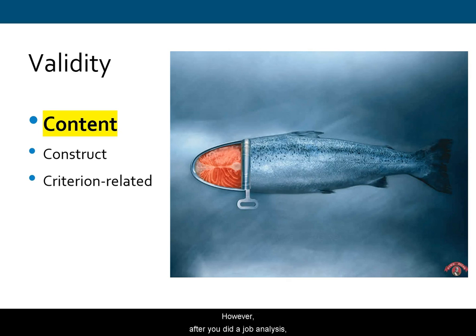However, after you did a job analysis, you discover that a science teacher does not only teach physics, but also chemistry, biology, and psychology. Then you can conclude that the predictor you chose, physics test score, does not have content validity. It does not really measure all the contents of a high school science teacher.